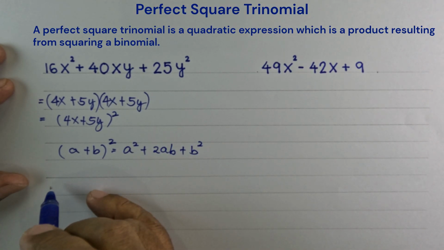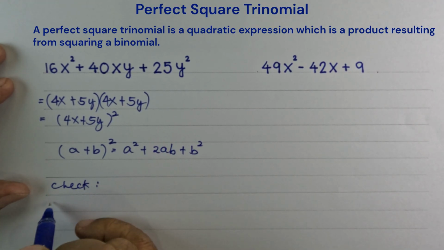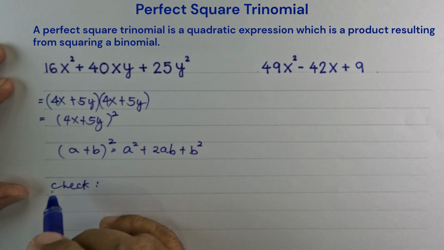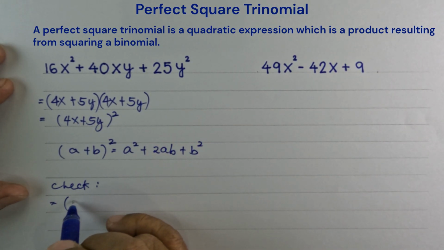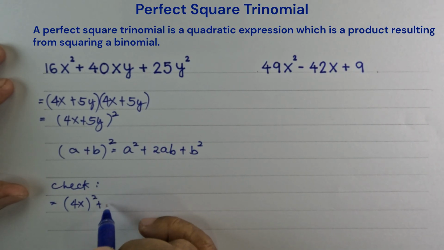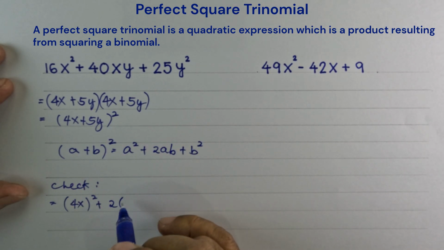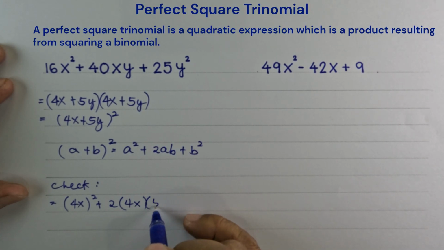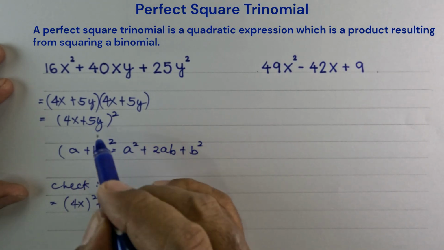So a is 4x, b is 5y. Using this formula, this is the square of the first term plus twice the product of the first and last terms plus the square of the last term.